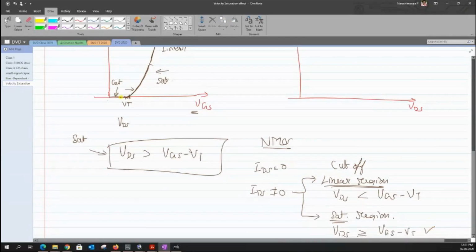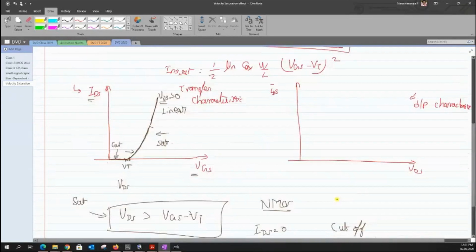So from cutoff, we are entering into saturation regime first, and then once I increase the value of VGS, for a fixed value of VDS I'm talking, as I keep increasing the value of VGS, what happens to the VGS minus VT term? That keeps rising, and momentarily we just move from this saturation regime to linear regime once I have a huge value of VGS minus VT, which is greater than the value of VDS. So this is how they travel.